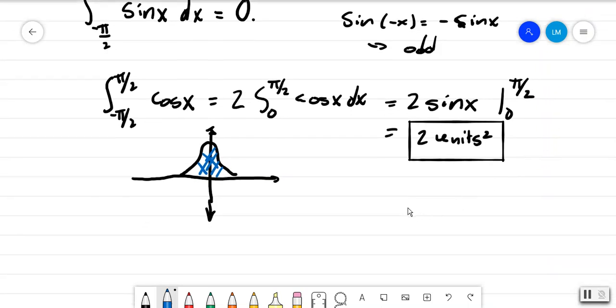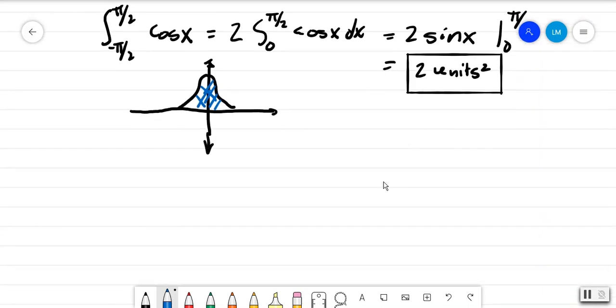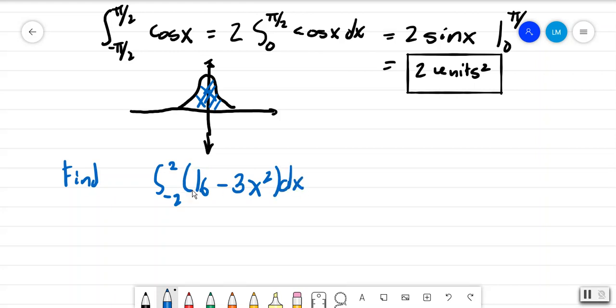Okay. Now, we can actually look at an example. Let's say that we want to find the integral from negative 2 to 2 of 16 minus 3x squared dx. One thing I'll note is that this is for sure an even function.